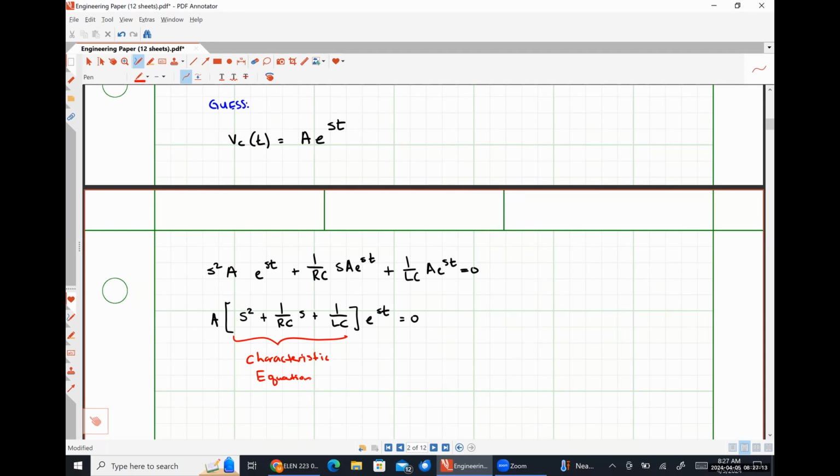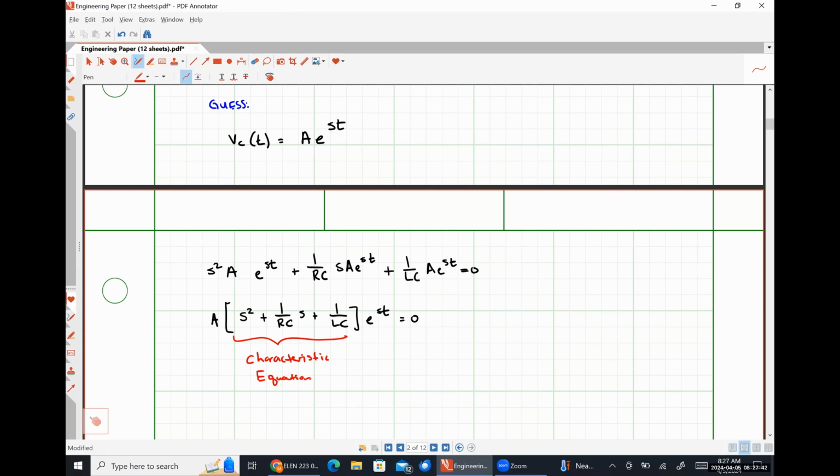So that's a solution, but it doesn't really represent our system, okay? e to the st will approach 0 if s is a negative number, but we don't really have any way to justify that assumption, right? So we need to make that characteristic equation equal to 0, much like we did in Circuits 1.